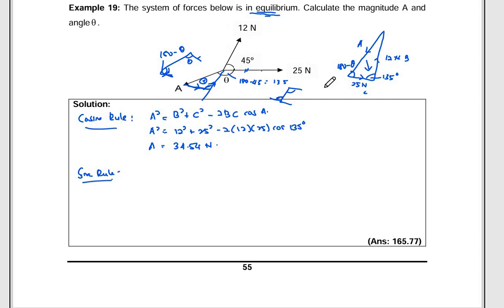Okay. So, this is the theta. So, I pakai A dengan B. Okay. A divided by sine A is equivalent to B divided by sine B. So, A kita ambil tadi 34.54 divided by sine 135. B tadi 12 Newton.